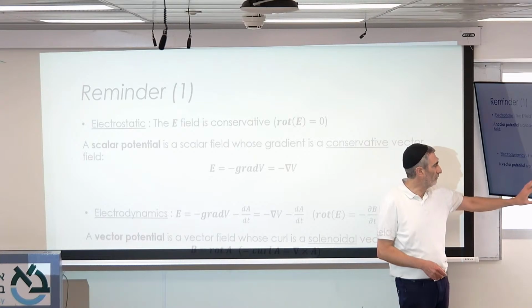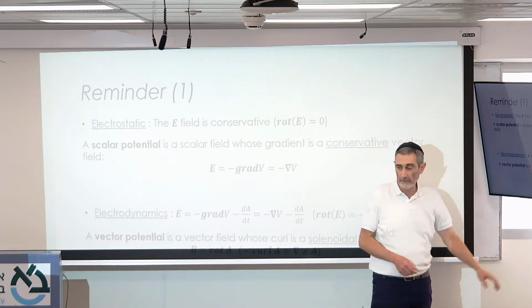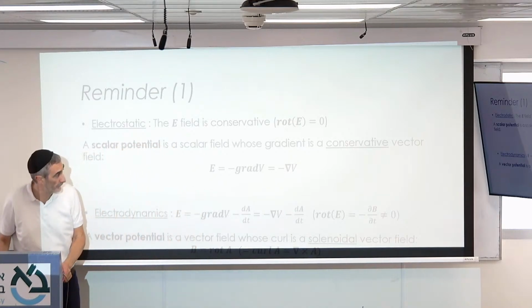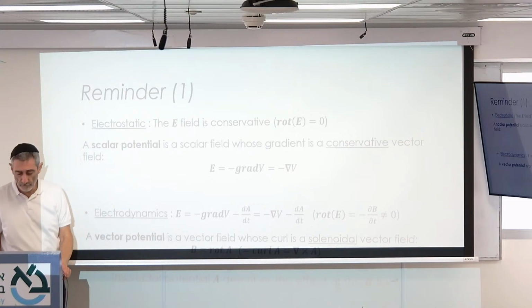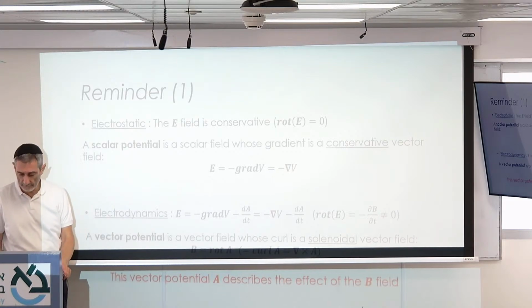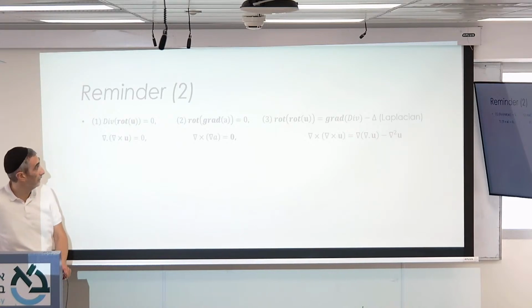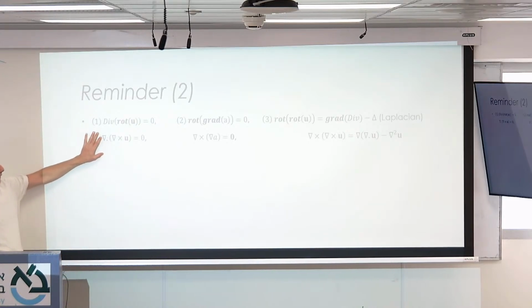What we have to remember is that B is defined as the rotational of A, and this comes from the Maxwell equation. That's my second reminder: some well-known mathematical results about those operators. Are you familiar with those relations?